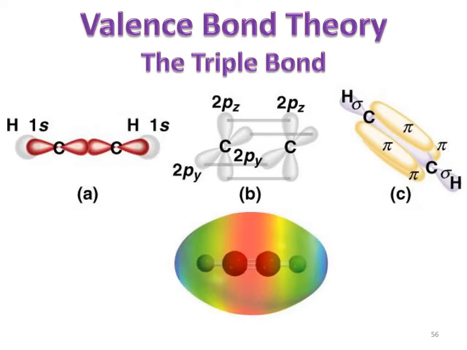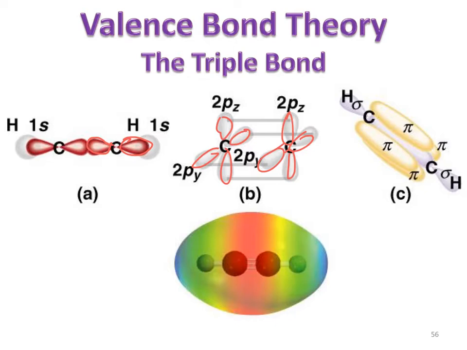In a triple bond, typically the atom is sp hybridized, which leaves 2 orbitals, p orbitals that is, available for bonding to another set of p orbitals.